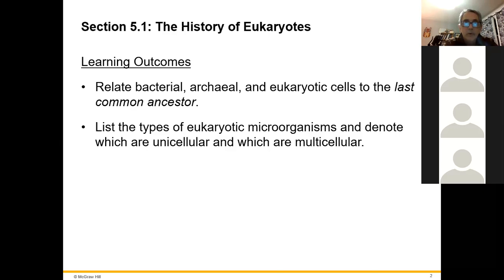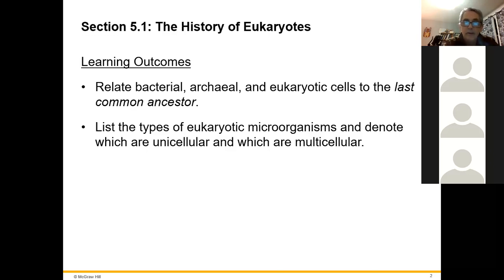Okay, so we're going to talk about the history of eukaryotes. We've already talked a bit about similarities and differences between bacteria, the archaeobacteria, and eukaryotes. We'll talk about evolution, what they refer to as the last common ancestor. We're going to go into a little more detail about the structure of eukaryotes, and talk about unicellular and multicellular.